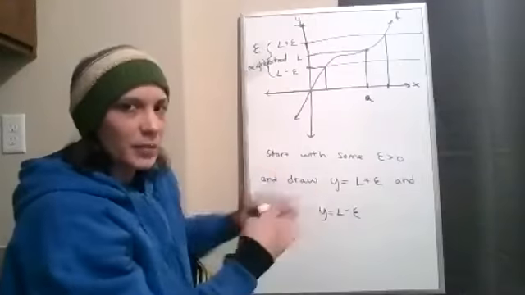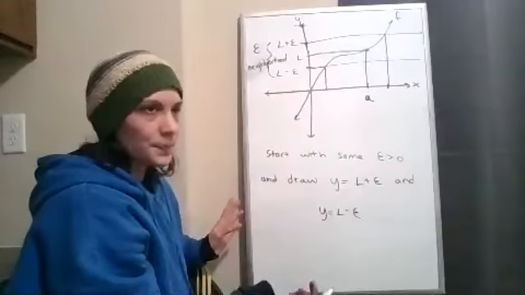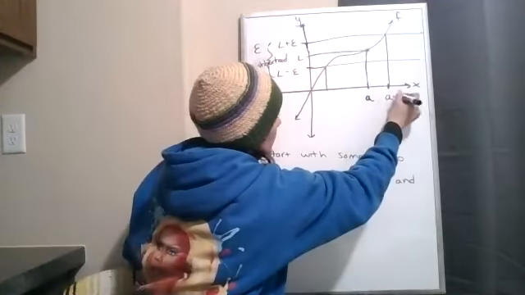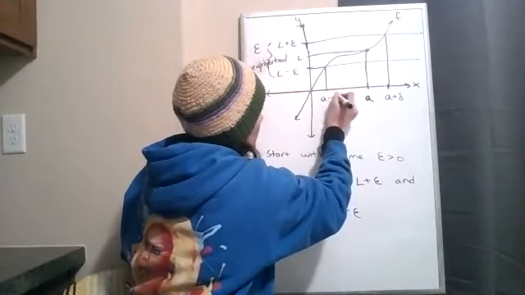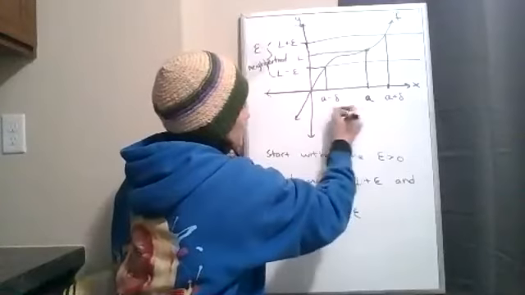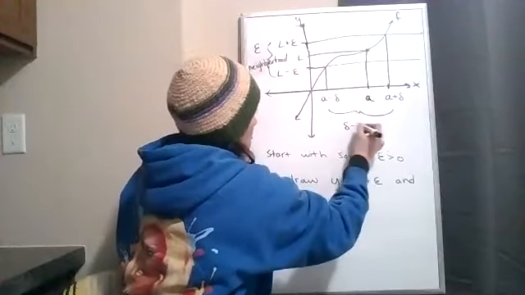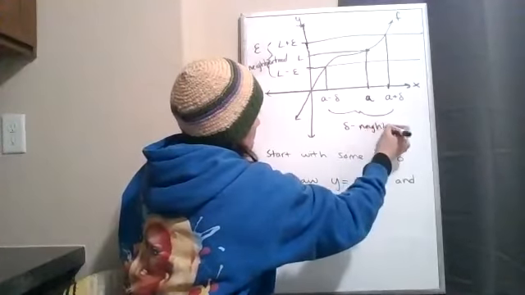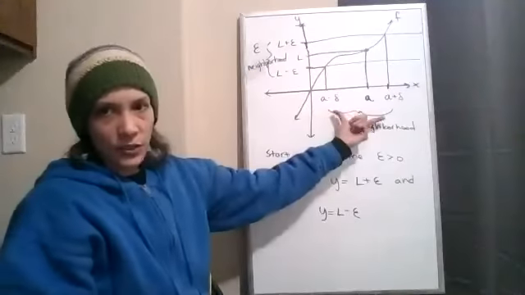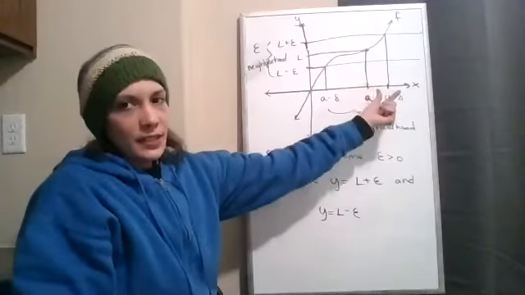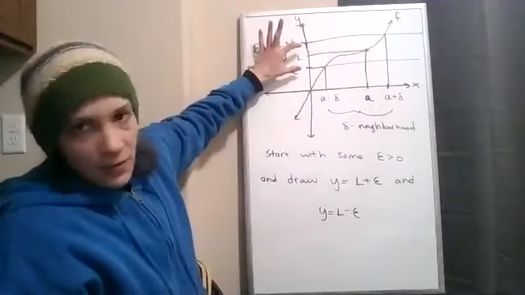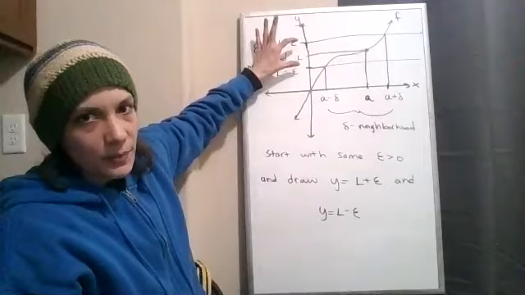I wish my picture matched a little better, but let's just say we picked a delta and then we create a delta neighborhood around a. It's like a plus delta, a minus delta. Anyway, we'll choose the smaller delta value, so that when x values are in this neighborhood, f of x values will be in that neighborhood.